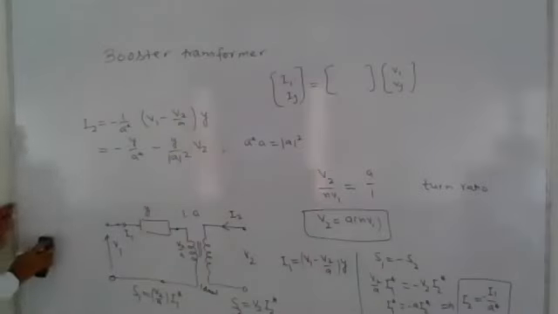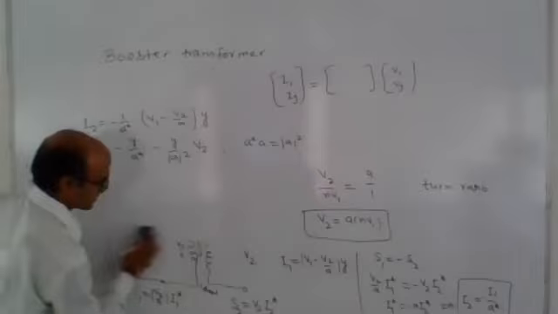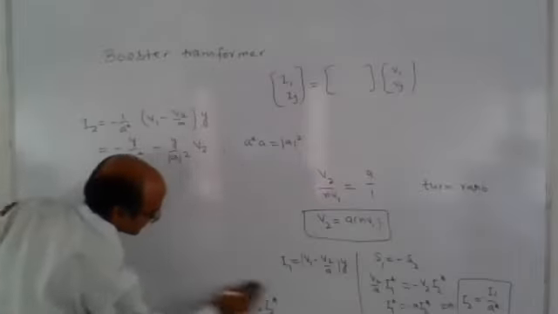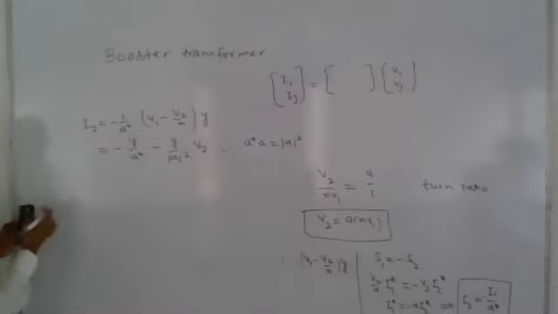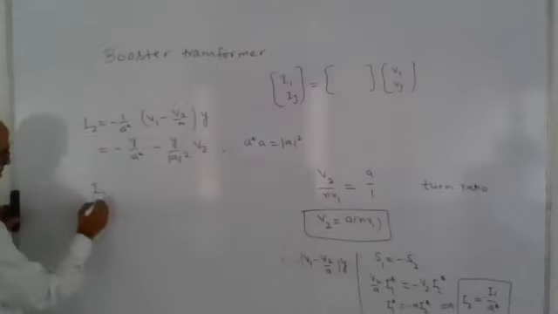Now I am writing this in matrix form. If I write in matrix form, then what are I1 and I2?